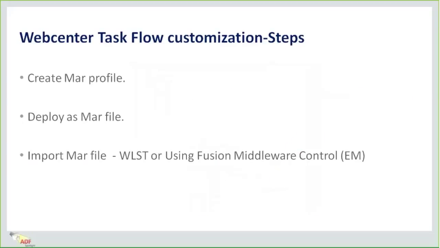Then we will have a deployment profile, which will be a MAR profile, and we will deploy this application as a MAR file. Later we will import this MAR file either using WST commands or Enterprise Manager, so that our MDS will be on the WebCenter side.